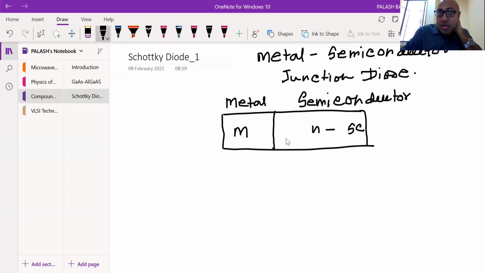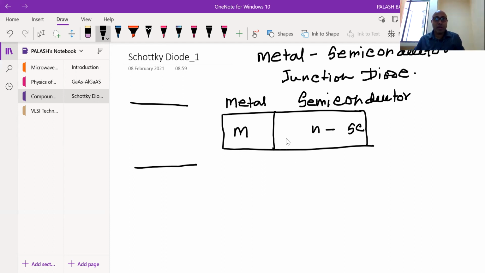Here, let me discuss the metal part. The metal doesn't have any band gap. This is a simplified version that I'm telling you, just to get a feeling for the metal. So in this case, I can assume that EC and EV are the same.